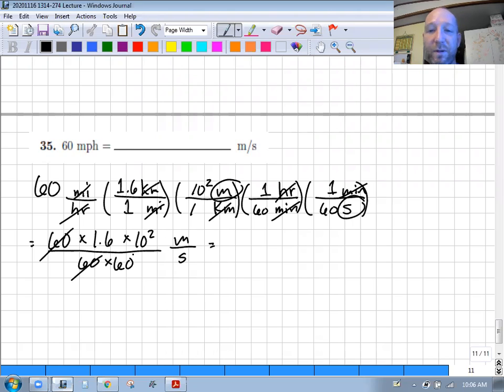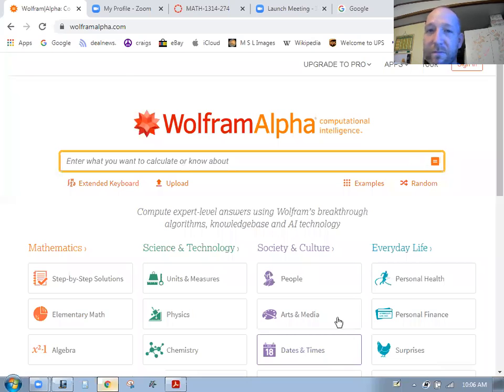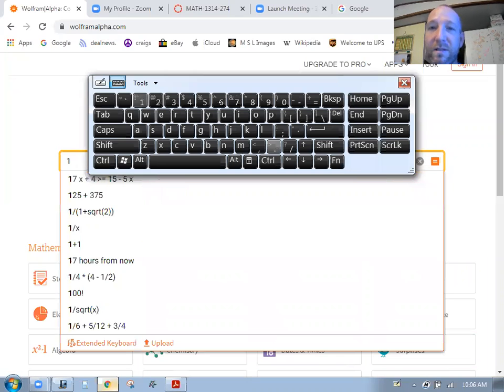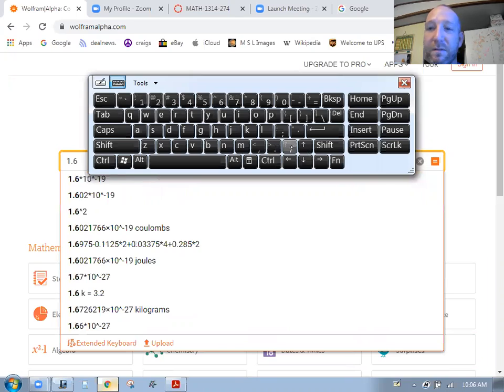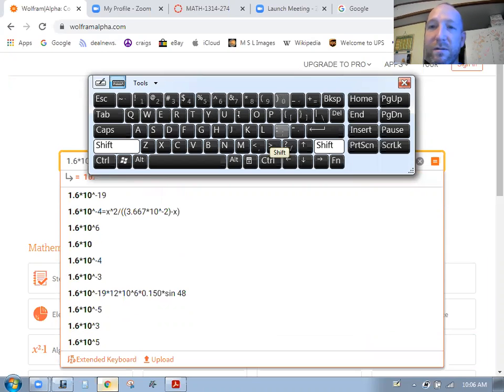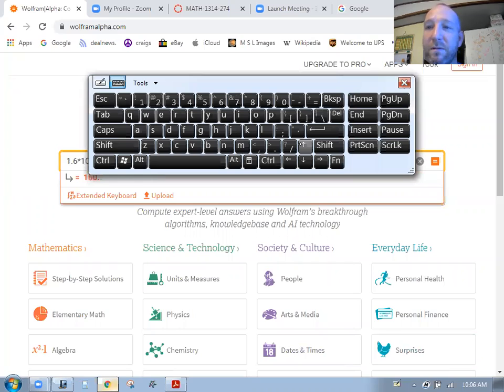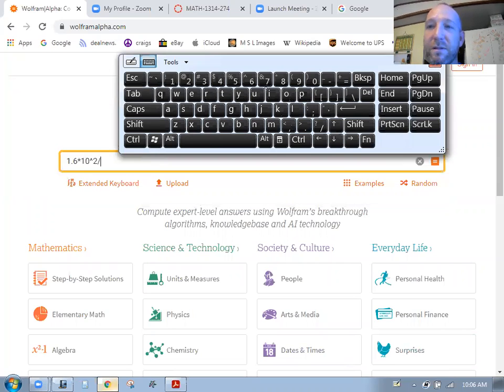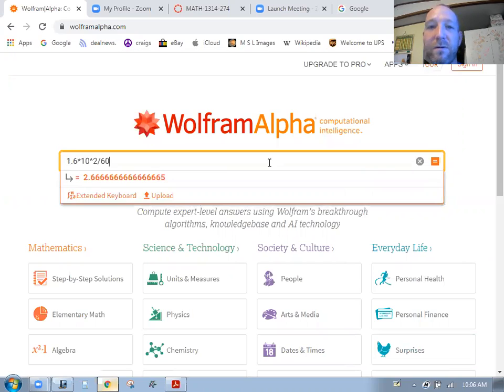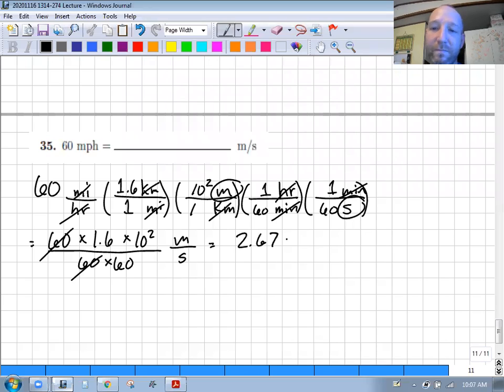So let's see, 1.6 times 10 squared divided by 60. 2.67. That didn't make sense. Yeah, I guess it does. 2.67 meters per second is 60 miles an hour.